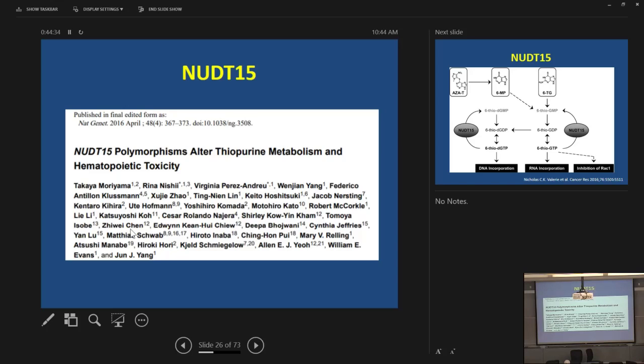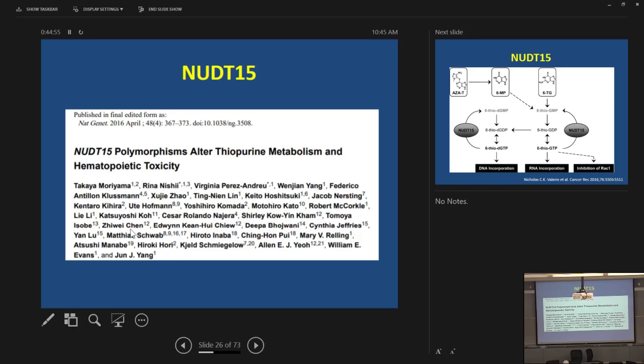For a long time, all we had was TPMT, but within, I think it was late 2016, early 2017, another enzyme popped up in thiopurine metabolism. This new enzyme is called NUDT15.